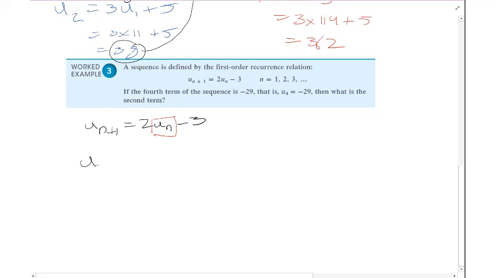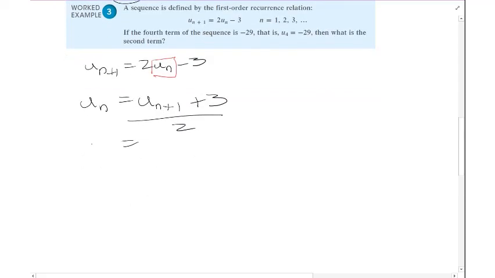So what I end up with is Un equals U(n+1). Remember, that's our next term, and that's going to be our U4. Let me write it like this, plus 3 divided by 2. So effectively what you've got here is U3 is U4 plus 3 divided by 2.